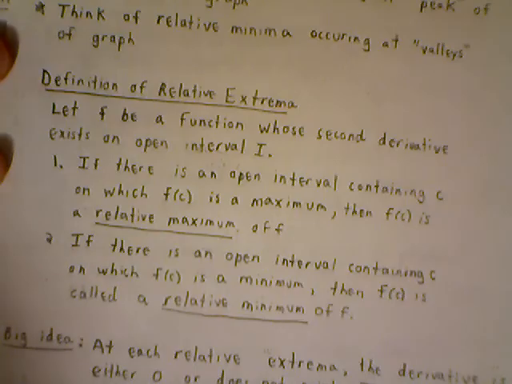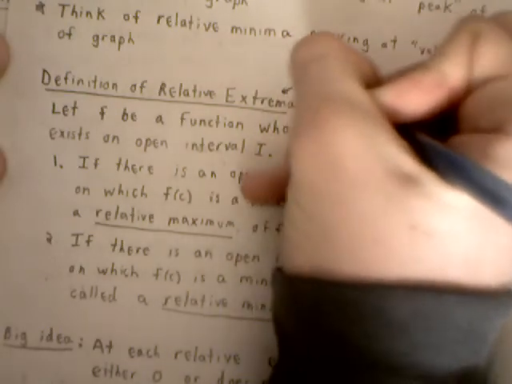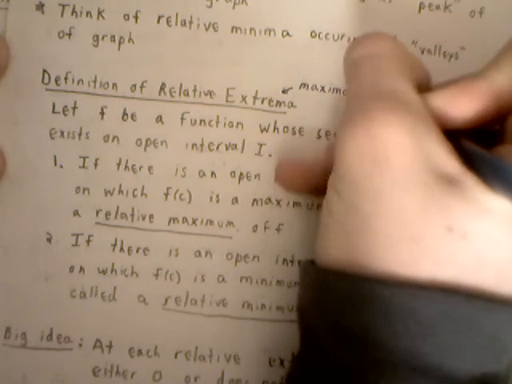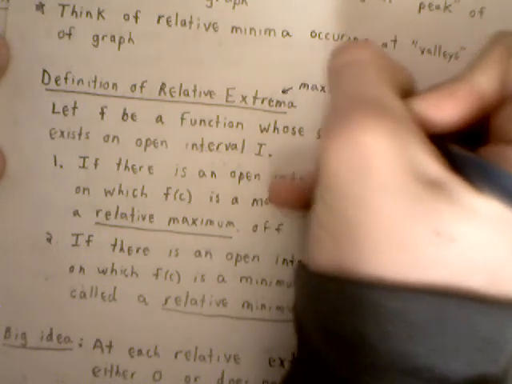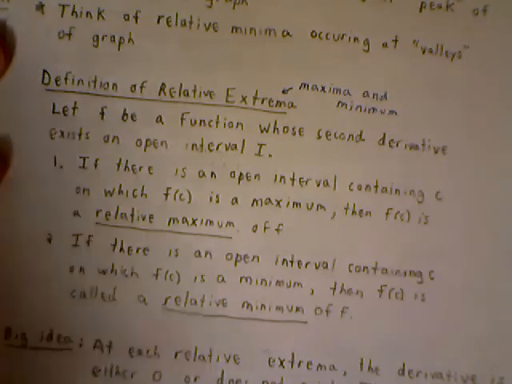Now, our official definition of relative extrema. Whenever we're talking about extrema, you should be thinking about maxima and minima. That's all the way back at the beginning. So extrema are maxima and minima.